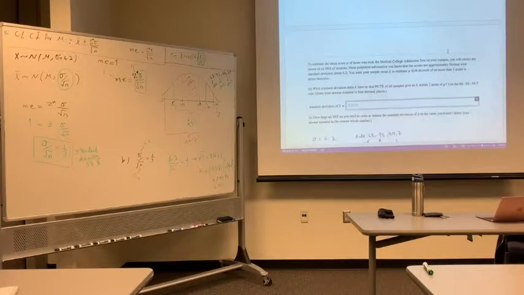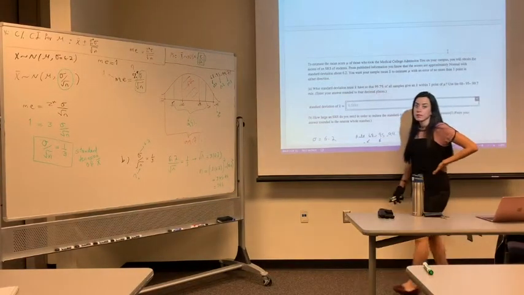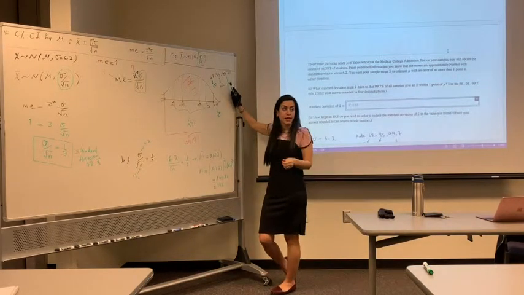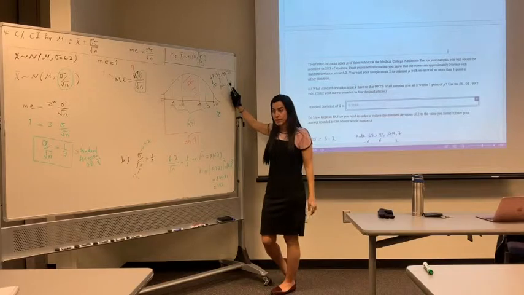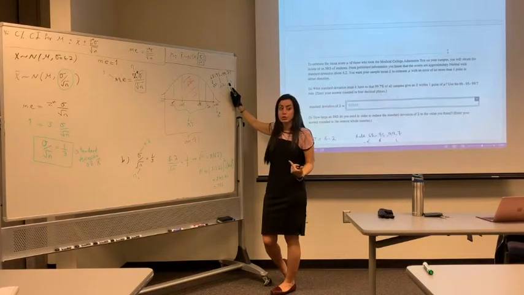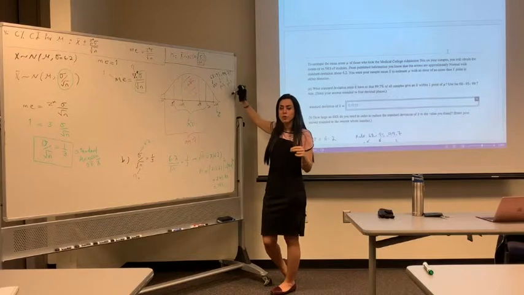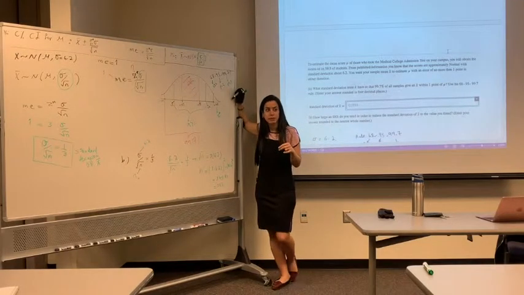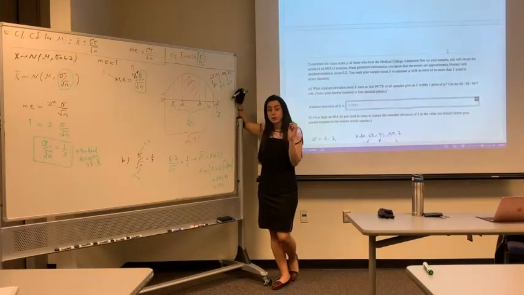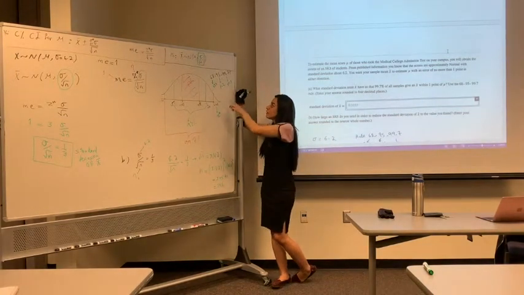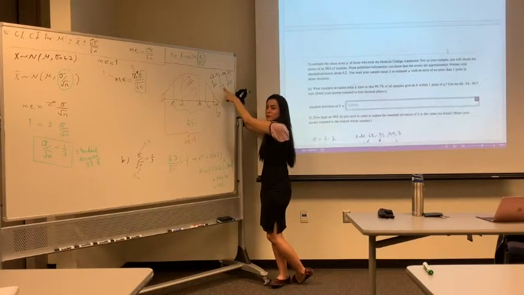So in your homework also for chapter 16, whenever they are asking you to follow the rule 68, 95, 99.7, you should use Z star from here, not from table C. If you want to find it from table C, you will find, for example, for this one, 1.96 or something like that.